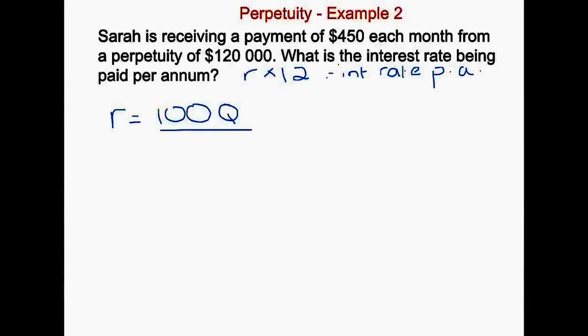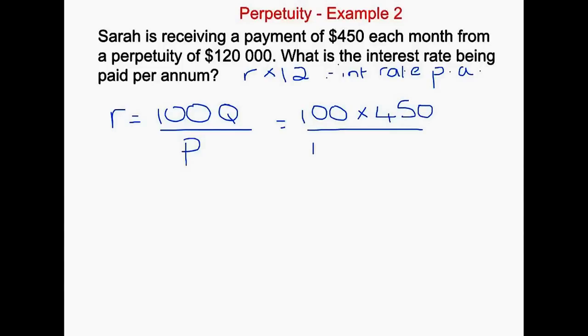So R is 100Q over P. So it's 100 times the repayment, so 100 times 450, all over the amount invested, or the perpetuity, which is $120,000.